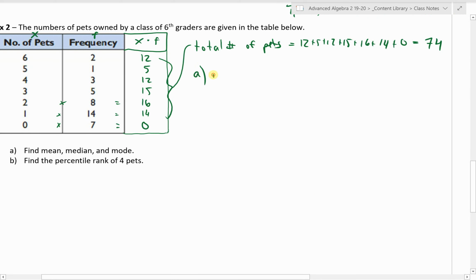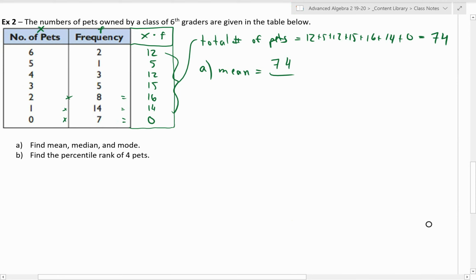So now we can find the mean really easily. We know that the mean is always the total divided by the number of data points. So there are 74 pets in the class. It doesn't tell us how many people are in the class, so we can add these frequencies together, and this would give us total students down here.